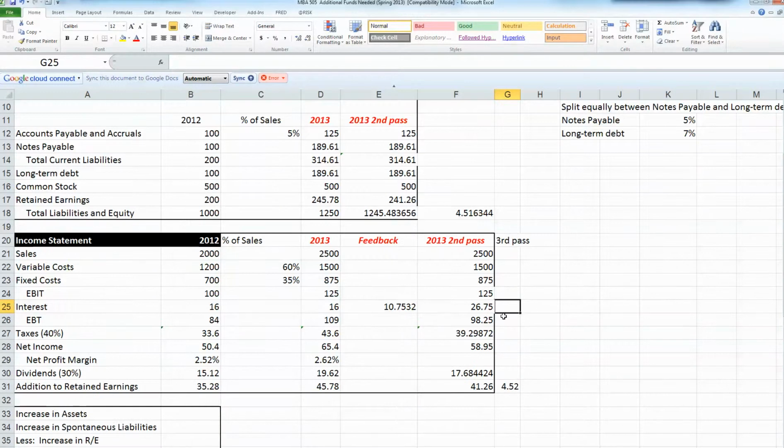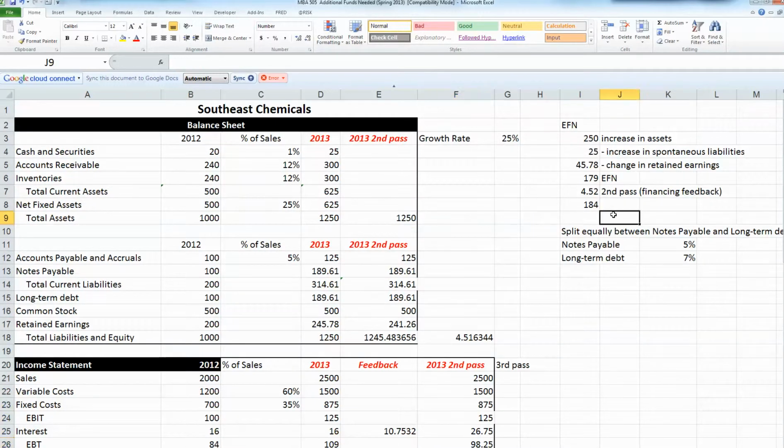That then is going to impact my retained earnings all the way through. And so I could get financing feedback from a third pass. And I could just keep doing this again and again until my number got awfully close to zero. It doesn't usually take very many passes to get your number really close to zero.